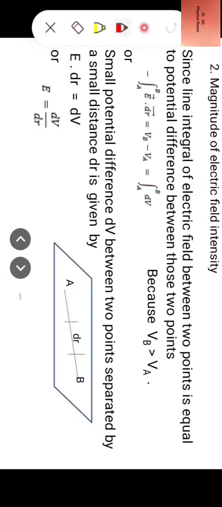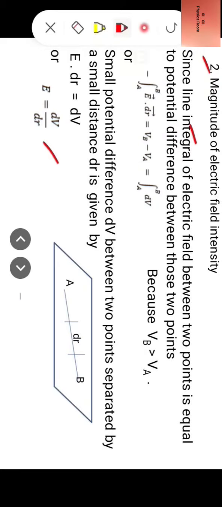Now, second feature of equipotential surface, magnitude of electric field intensity E is equal to dV by dr. Let us see how it comes out to be. Since the line integral of electric field between 2 points is equal to the potential difference between those 2 points.